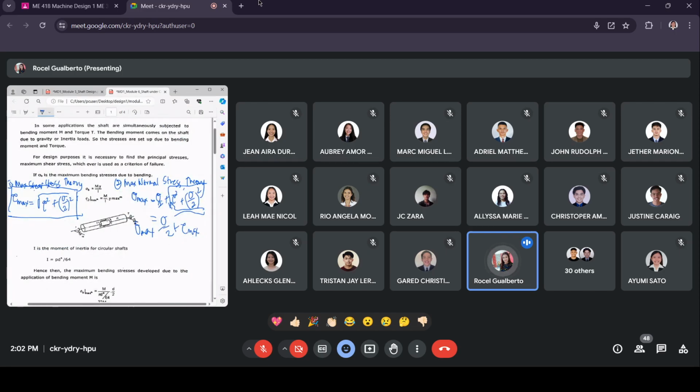So it's a combination of tau and sigma. Tau will represent torsion and sigma will represent the bending. So from this, kindly derive the equations for tau max and sigma max.